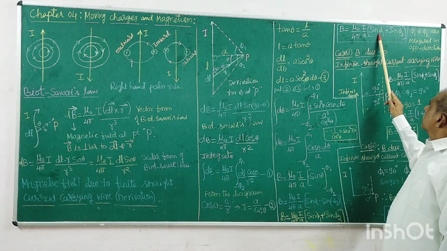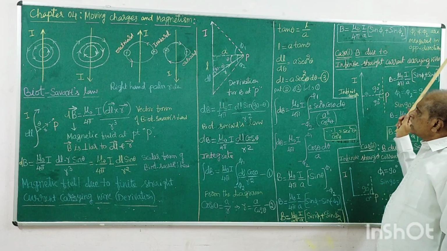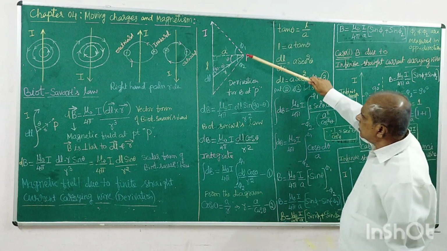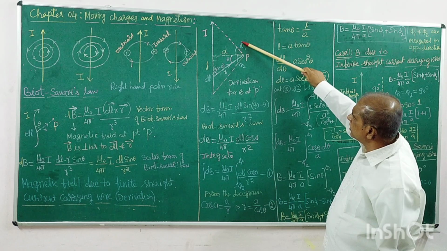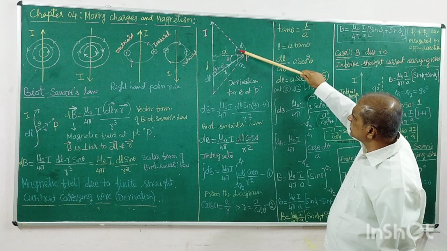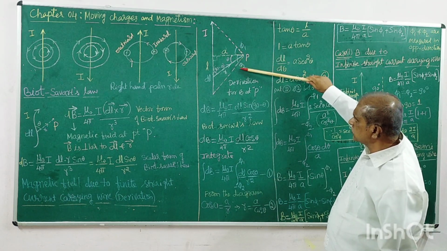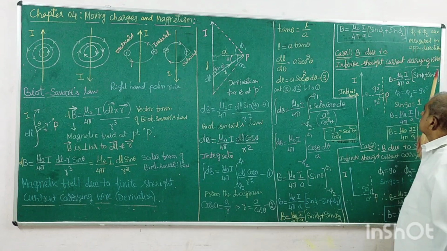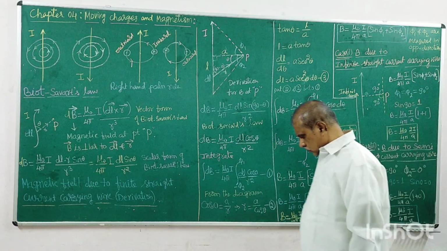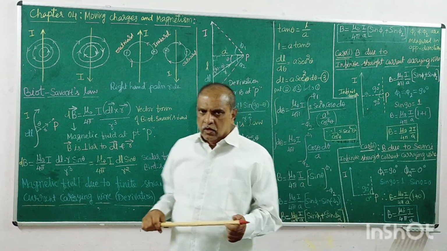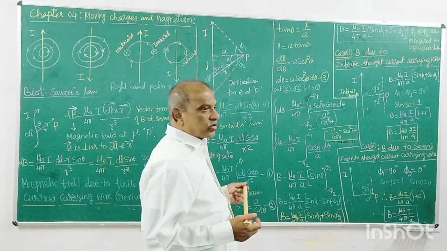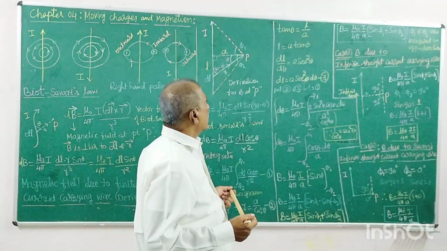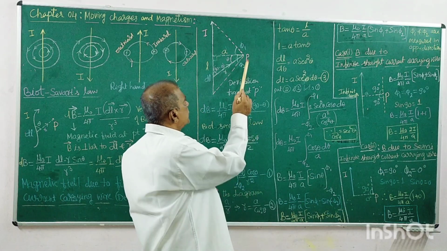Theta 1 and theta 2 are measured in opposite directions, one from here and one in the opposite direction; take the positive value for both. This is the expression for the amount of magnetic field at a point in space.